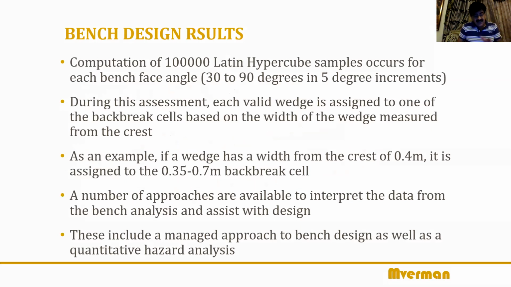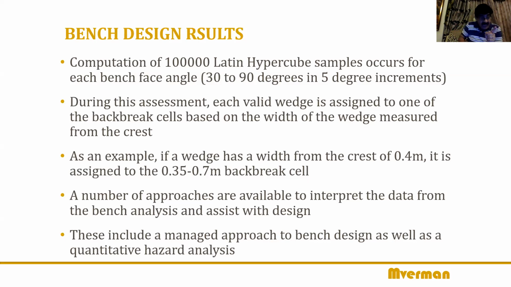For instance, during the analysis you just saw the software running, if the software finds that a particular wedge formed at any of those angles has a width, as an example, of 0.4 meter from the crest, then, remember we chose 20 back break cells and calculated a bench width of 7 meter, 20 cells means each back break cell is 0.35 meter wide.